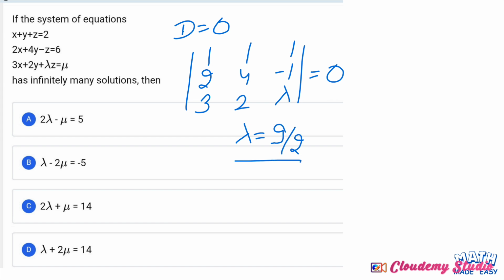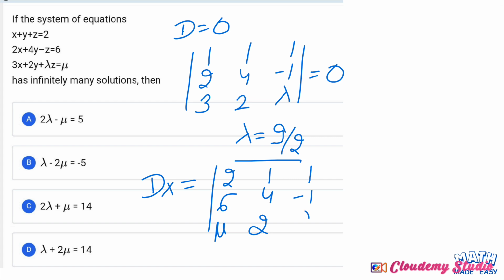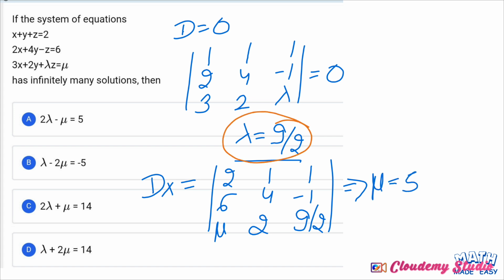Now d of x, or you can say new d1, is 2 6 new, 1 4 2, 1 minus 1, and in place of lambda we put 9/2. So from here your new will be 5. So lambda is this and new is this, and among the options this option is matching.